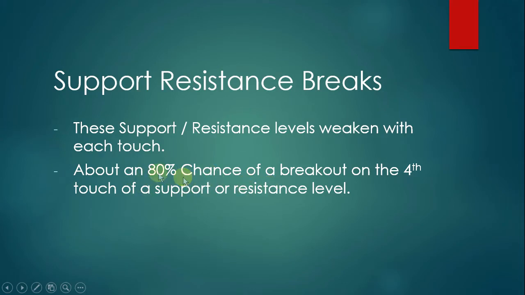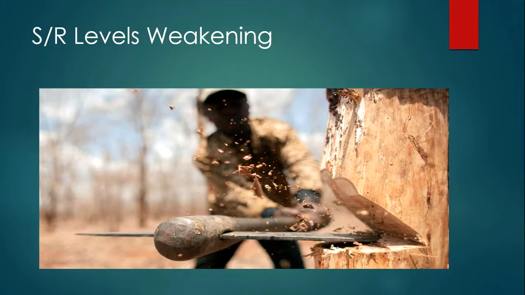This is just my feel for the markets after trading, and also discussing support and resistance breaks with other traders. This is the general sentiment, that there's about an 80% chance of a breakout on the fourth touch of a support or resistance level. As I said, every time the price touches one of these levels, there's more probability of it breaking through on the next touch.